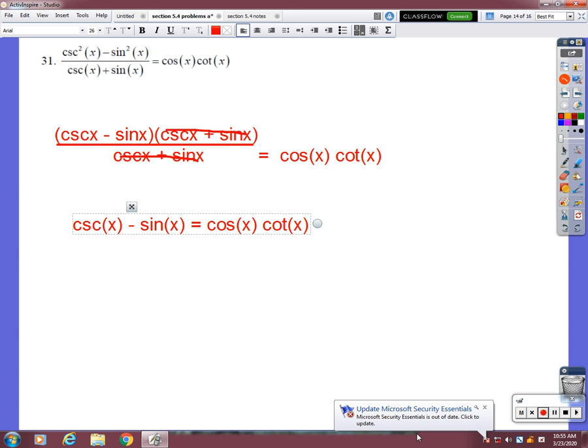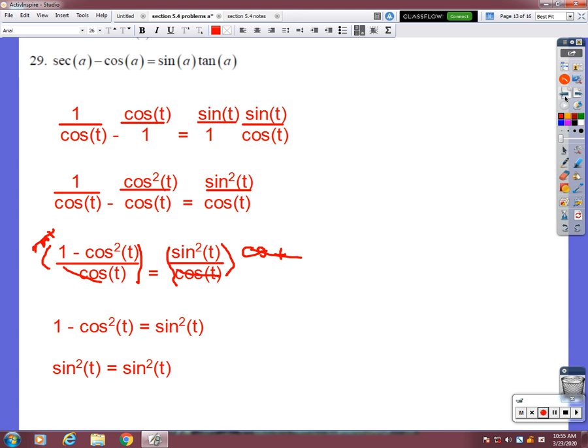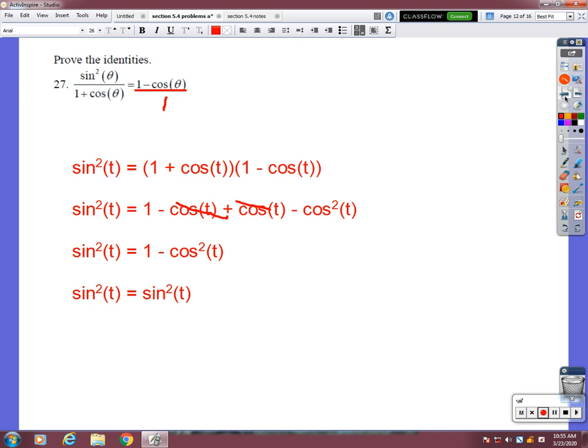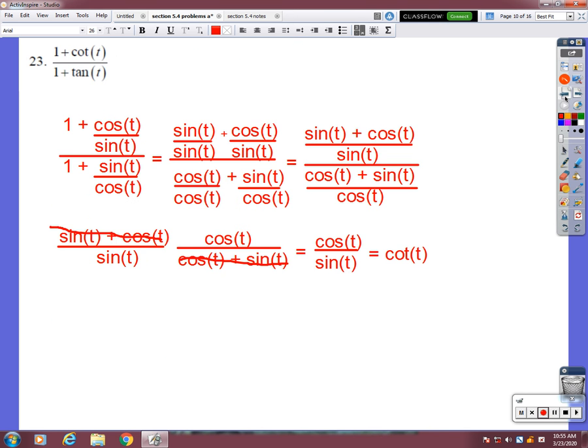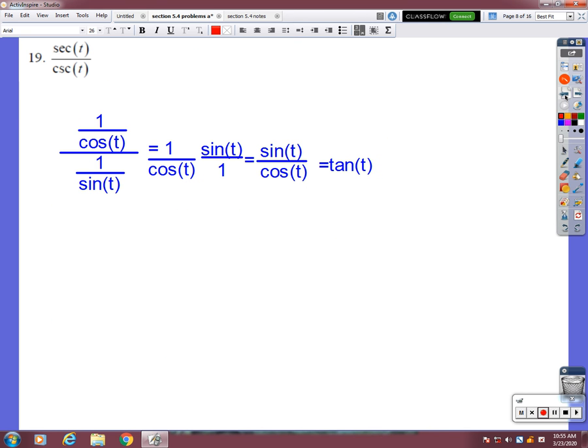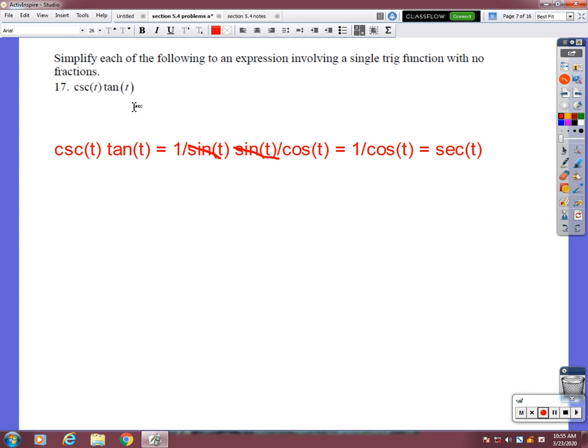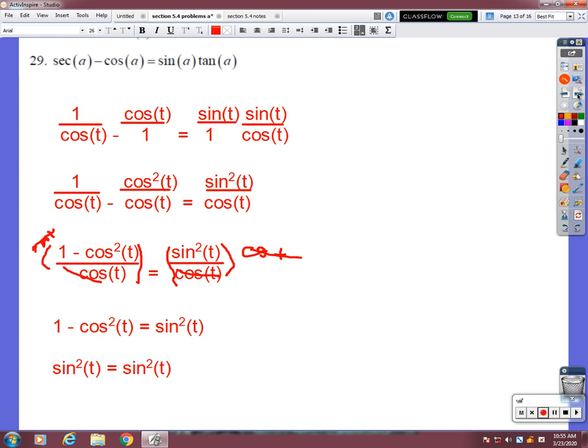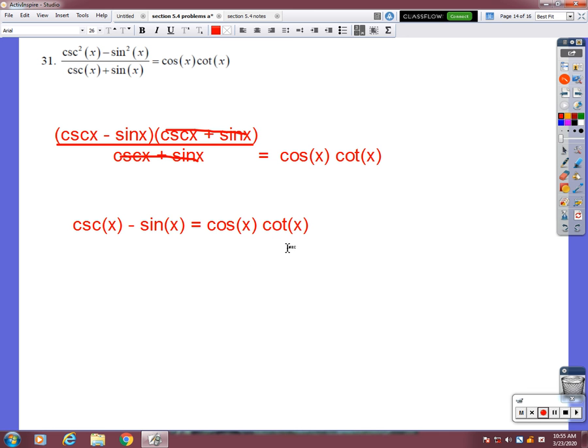And I wonder if that is something that we've done before. Did we do something with cosine and cotangent in one of these other problems? Somewhere, please? Oh, cosecant and tangent, rats. Okay, so we got to mess around with this a little bit.